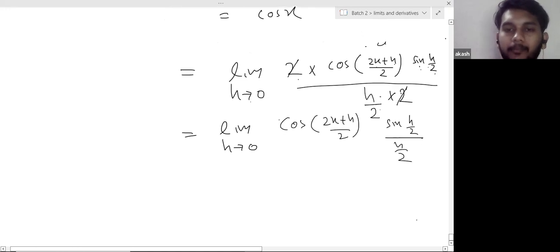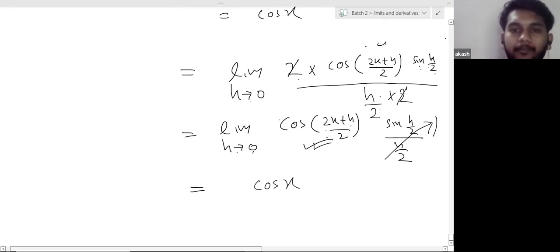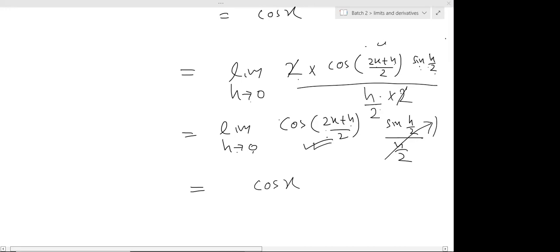Now, according to the standard limit, sine of some angle divided by that angle is 1. So we can directly put the limit. Put h equals 0 in here because this is 1. If you put h equals 0, 2x plus 0 by 2 is x, so that is cos x. All right. Note it down.